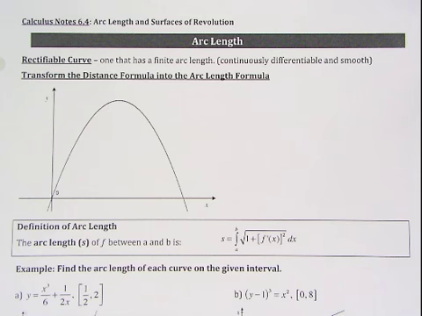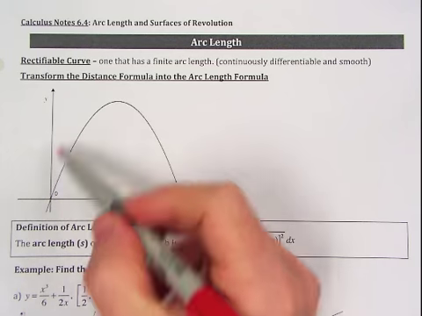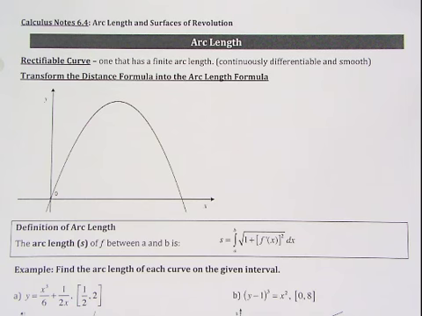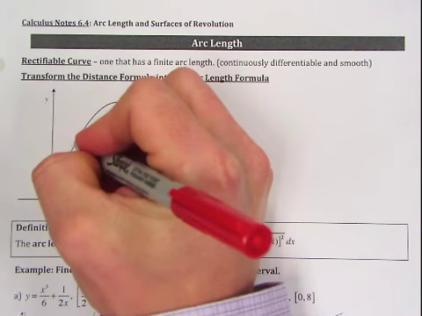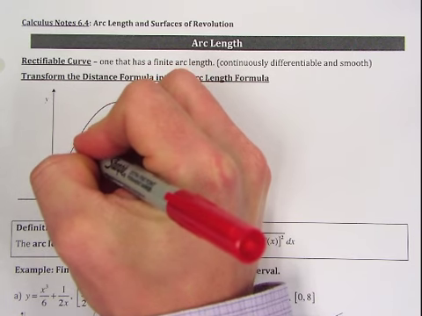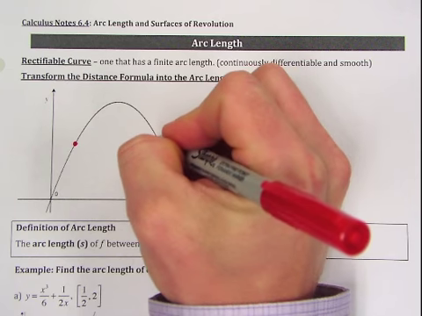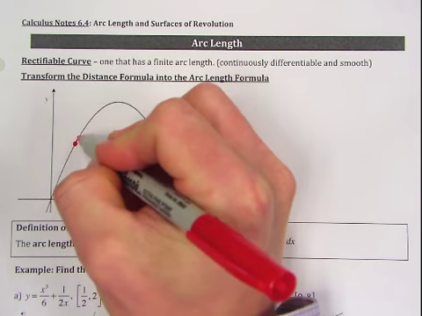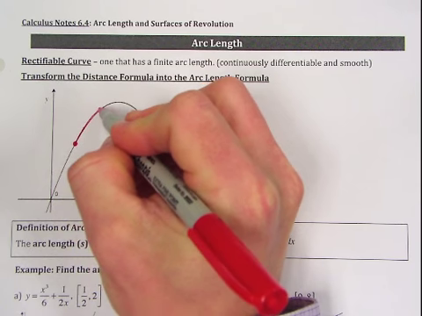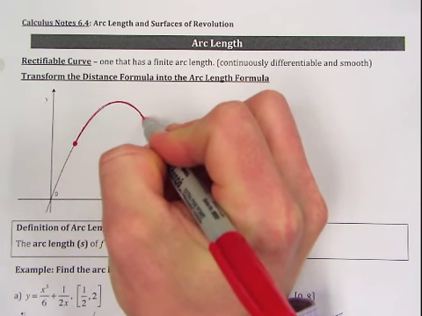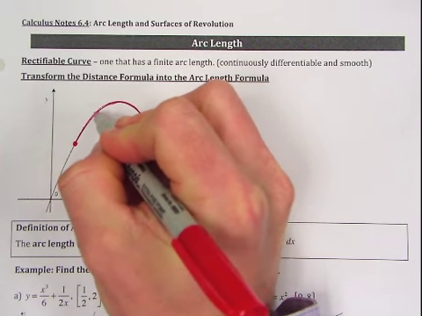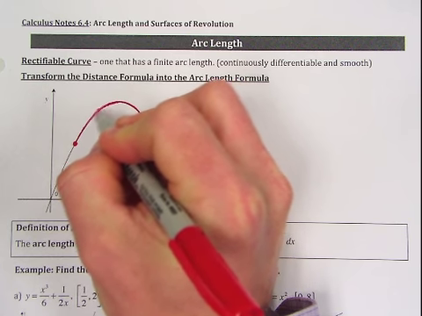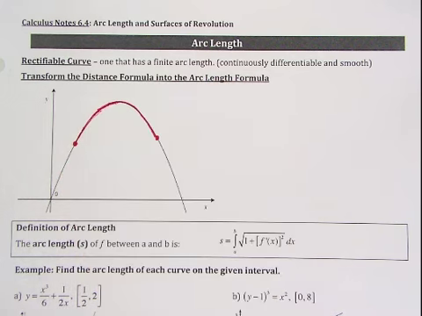So here's what we're trying to do. Here we have a rectifiable curve, and we want to find our arc length from one point to another point. Calculus is pretty awesome because it's going to allow us to find that length.